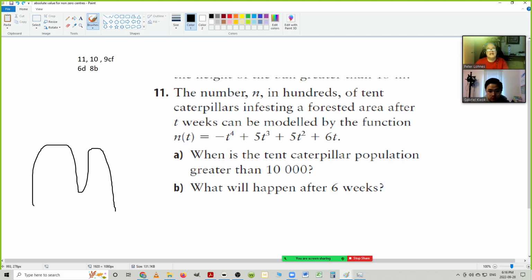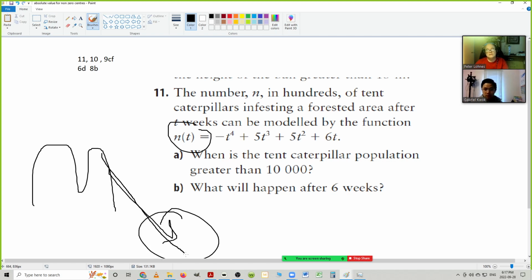It's the number of caterpillars in the hundreds, so at the end I have to multiply by 100. This is telling us the caterpillars are going to potentially go up, and then down, because the rightmost end of my quartic must go back to quadrant four. So the caterpillar population must eventually decrease.